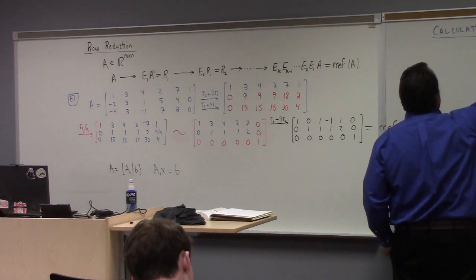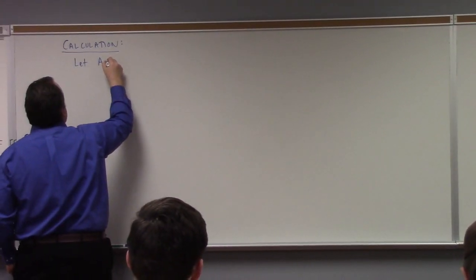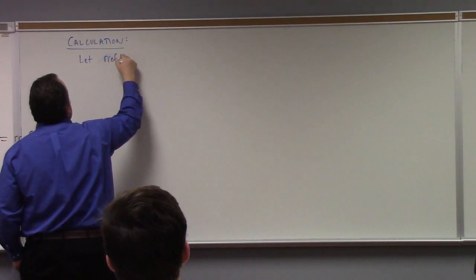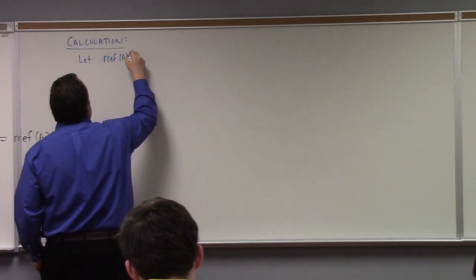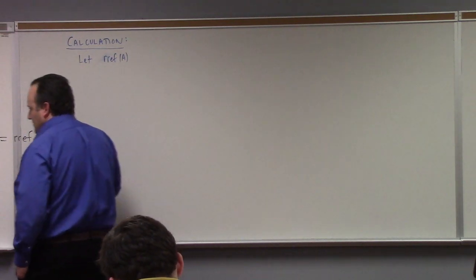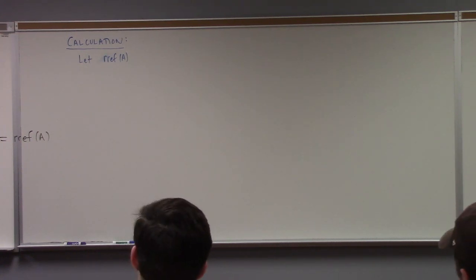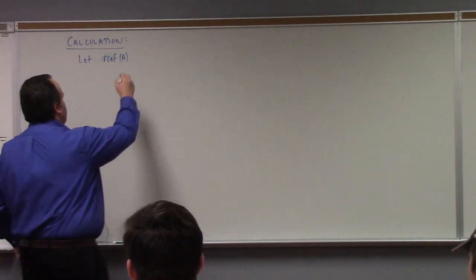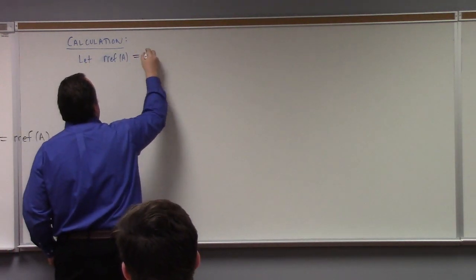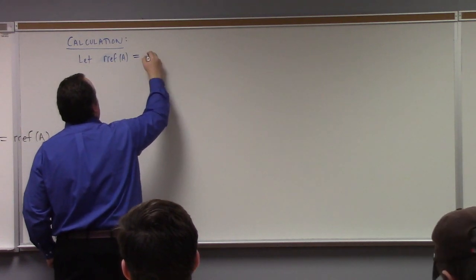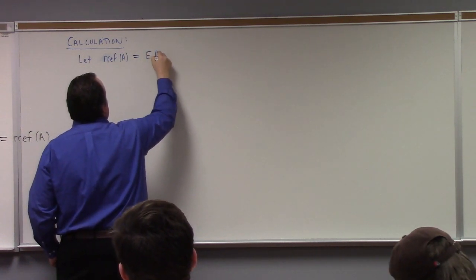I'll prove it for this, and then I'll dial it back and show you it does a little more than this. But let's let the reduced row echelon form equal E times A, right?